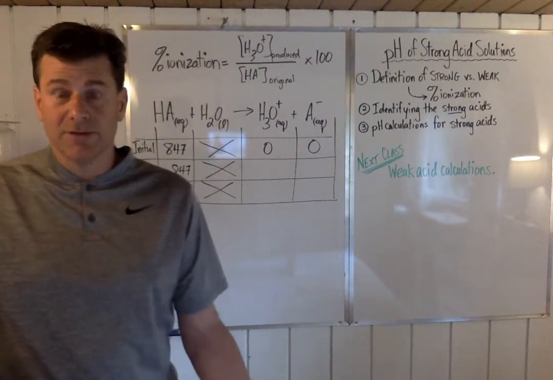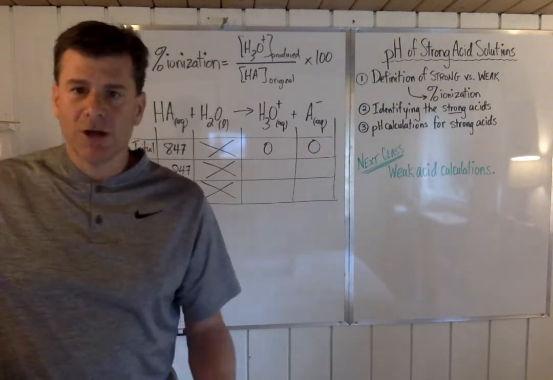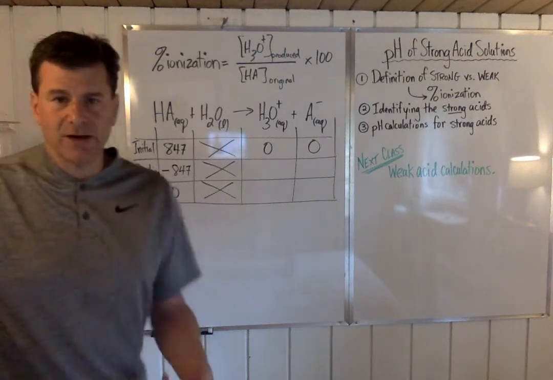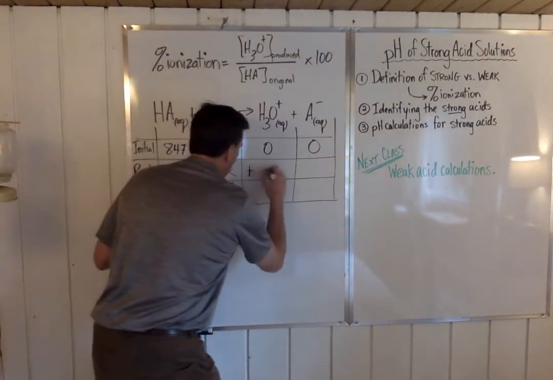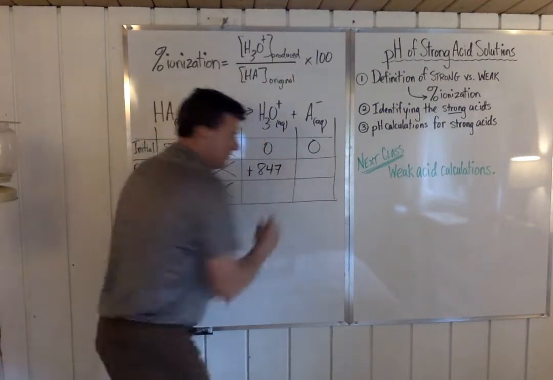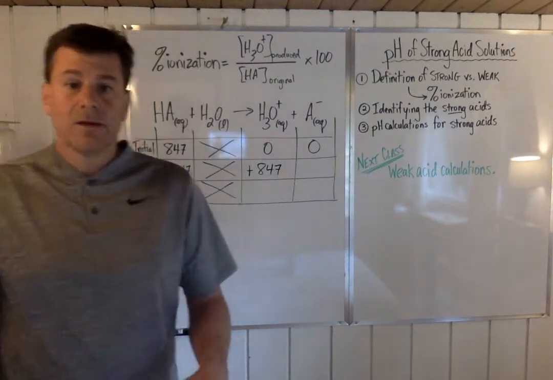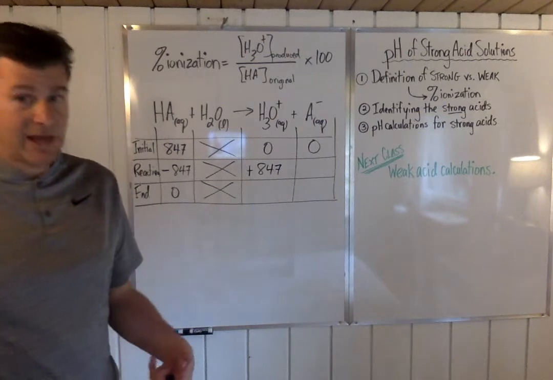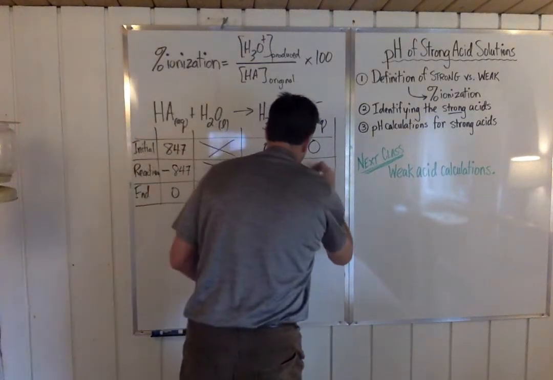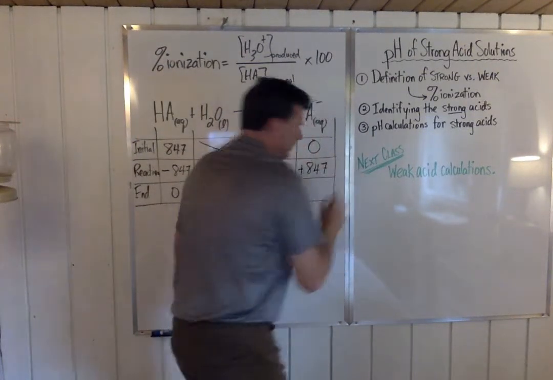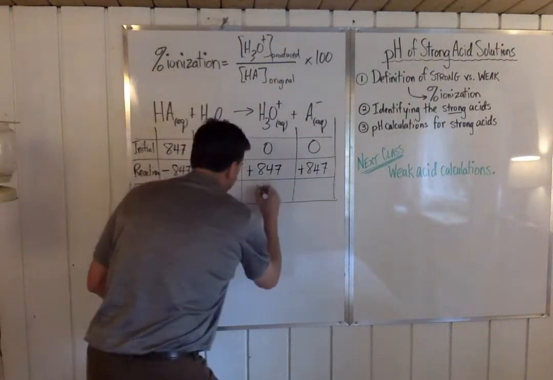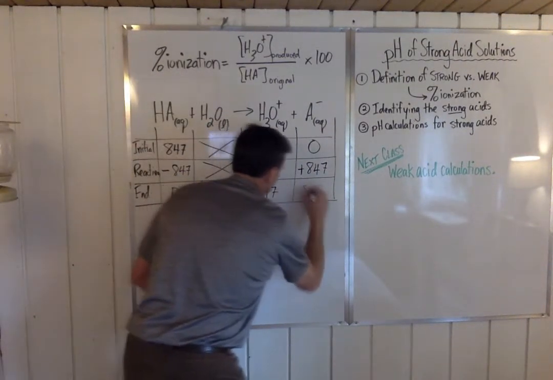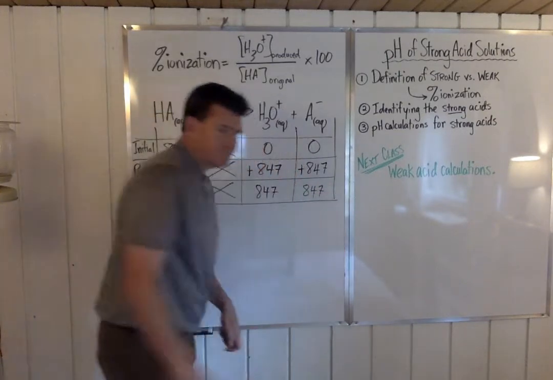They've all chemically reacted. Using your basic stoichiometry, how many hydroniums do you get? Well, it's in a 1-to-1 ratio with the HA, so this would have gone up to 847. You would also have made 847 A minuses. And so at the end of the day, you would have ended up with 847 and 847.